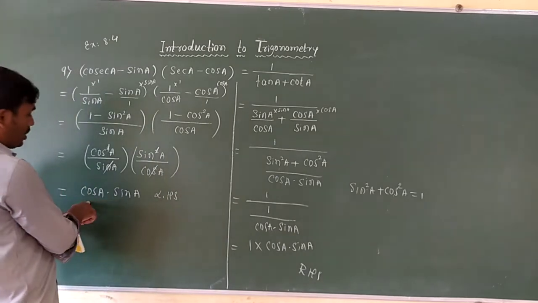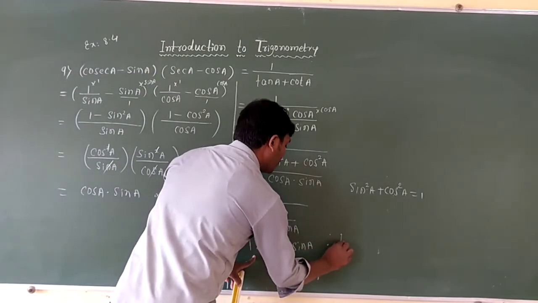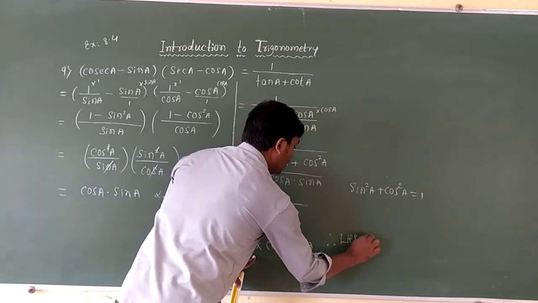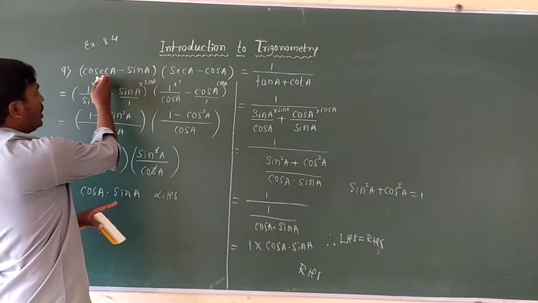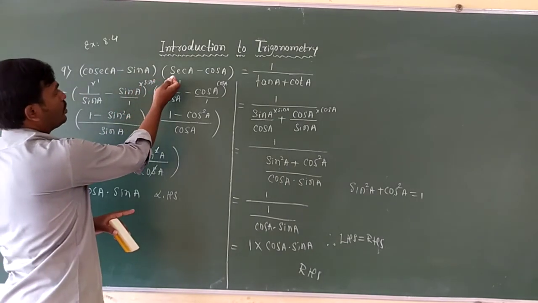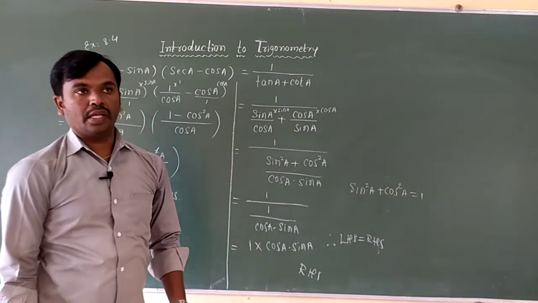So observe here, cos A into sin A, cos A into sin A. Therefore LHS is equal to RHS. So (cosec A minus sin A) into (sec A minus cos A) is always equal to 1 by (tan A plus cot A).